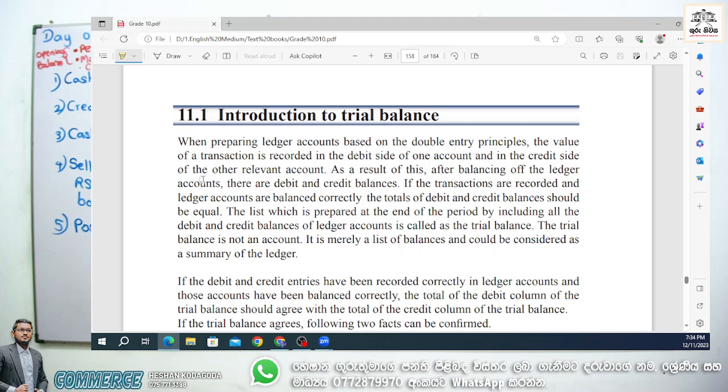Highlight the definition. The trial balance is not an account, underline. This is merely a list of balances and could be considered as a summary of the ledger.